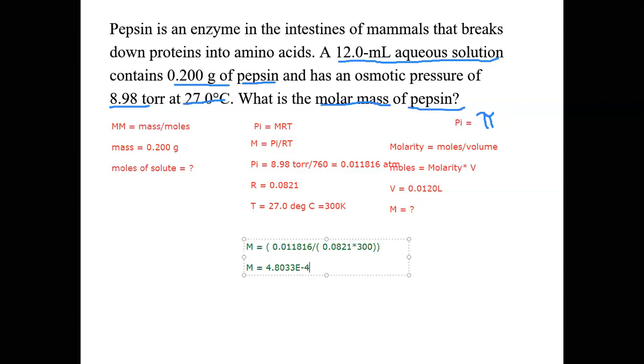Yeah, that's right. Your values may differ depending on the rounding, but somewhere around 4.8 times 10 to the negative 4 molarity. Now that we know the molarity, we can calculate the moles. Moles equals molarity times the volume.